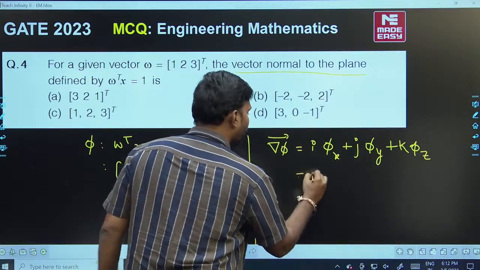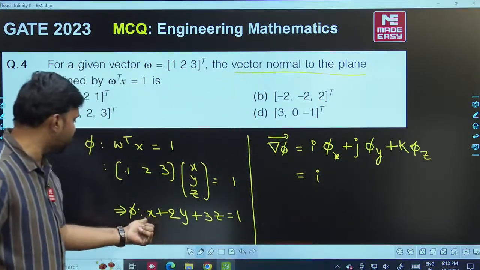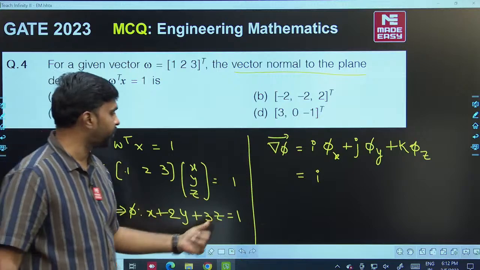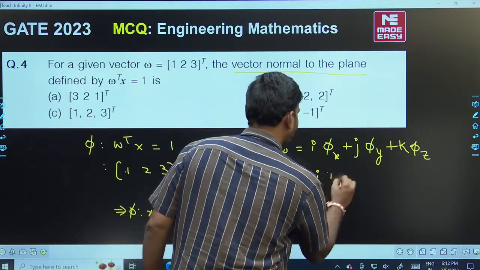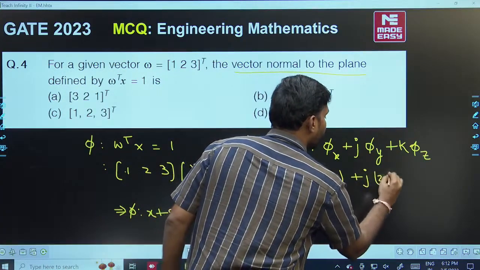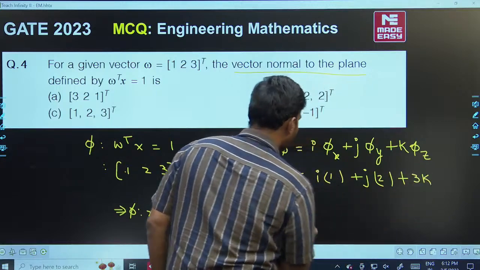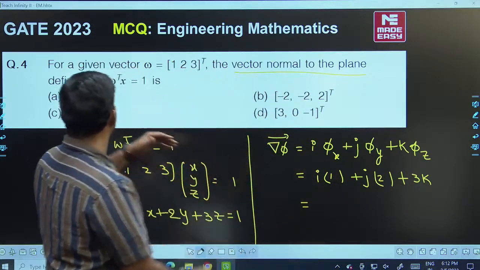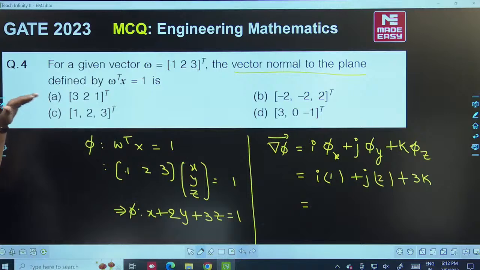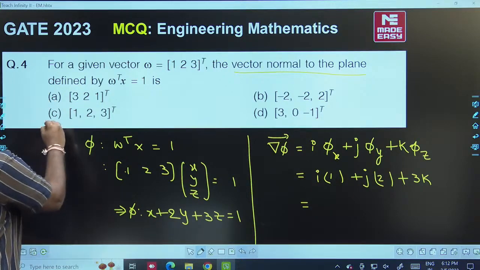For this one, dou phi by dou x is 1, dou phi by dou y is 2 and dou phi by dou z is 3. So this is i plus 2j plus 3k. This is the vector, and in terms of matrix vectors, if you write it, this is the answer.